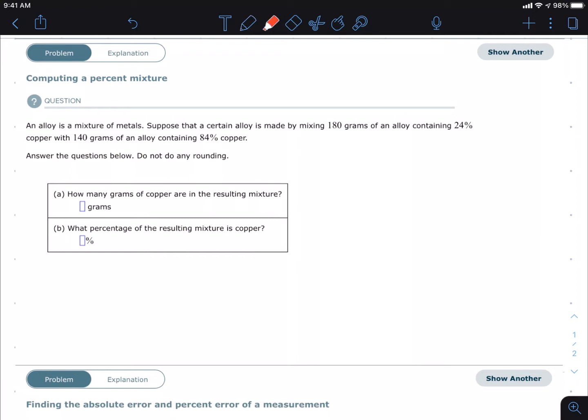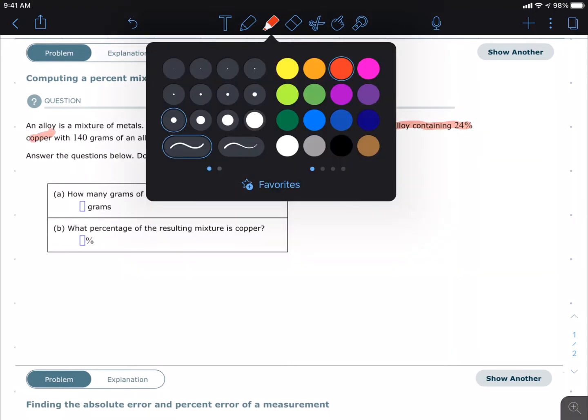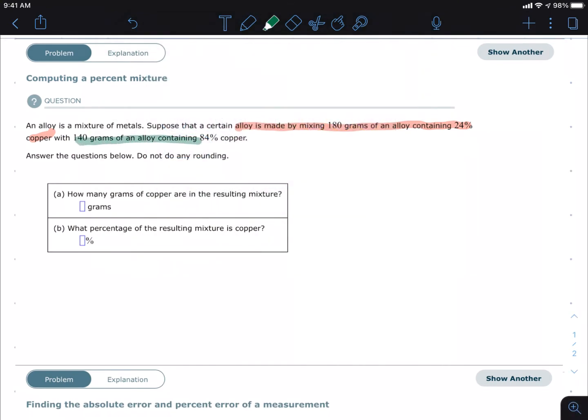So the first bit of information, and I'll highlight them in different colors. We have two alloys, right? The first one has this percentage and that many grams, and we're going to mix it with one that has 140 grams with 84% copper.